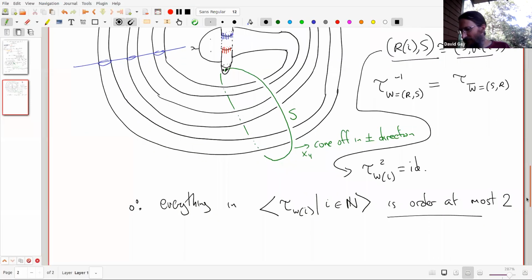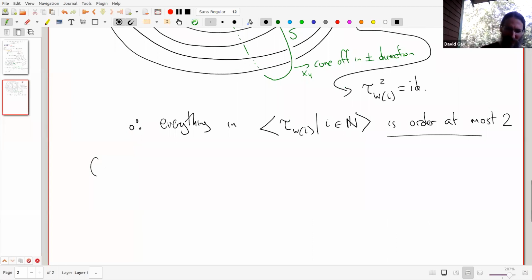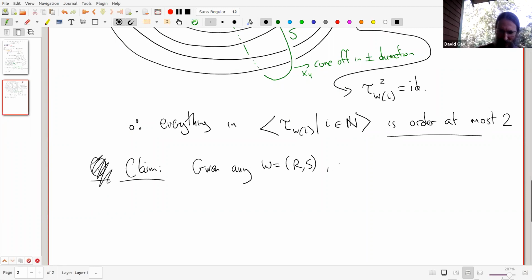Okay. Let me just give a couple other questions here. So one question is, well, I can make a little claim that I won't prove. I want to get to trying to give some idea why this is true. So a little claim I won't prove is that given any Montesinos twin, if one component is unknotted, then actually the twist along W is in this group.